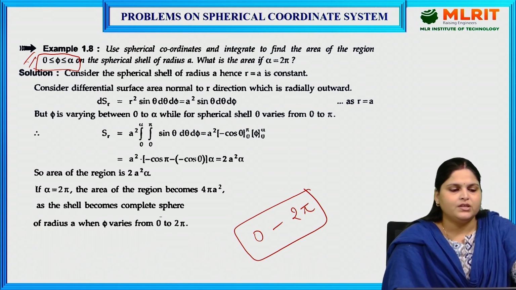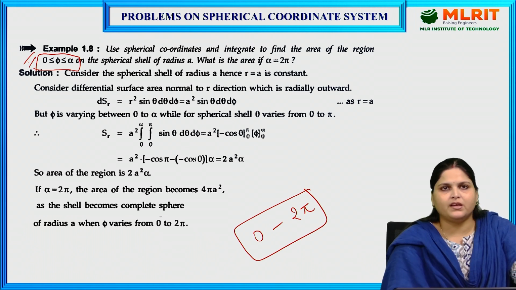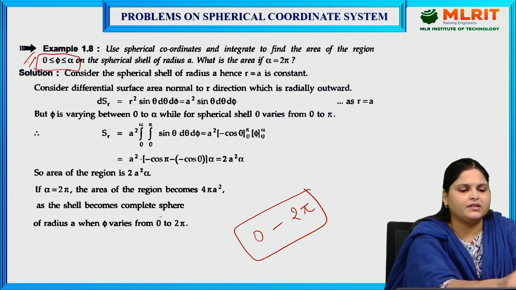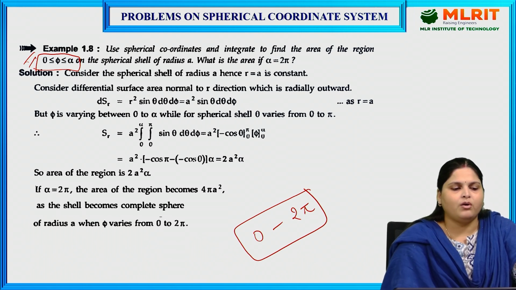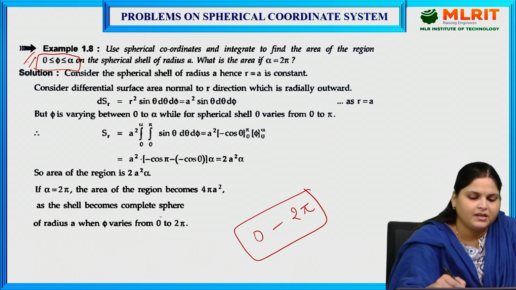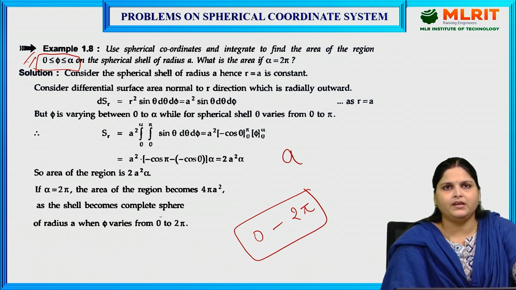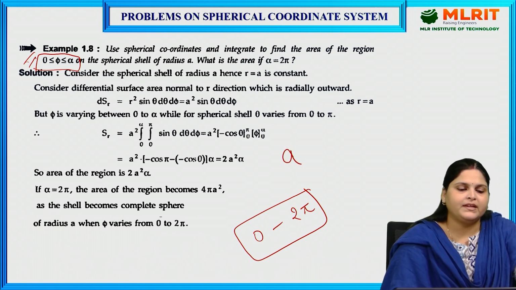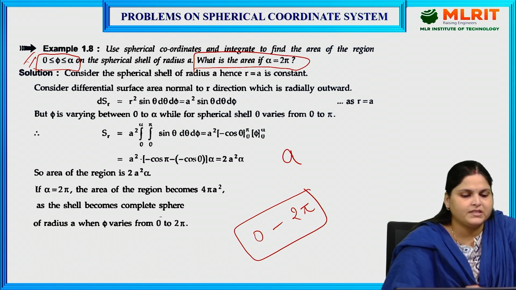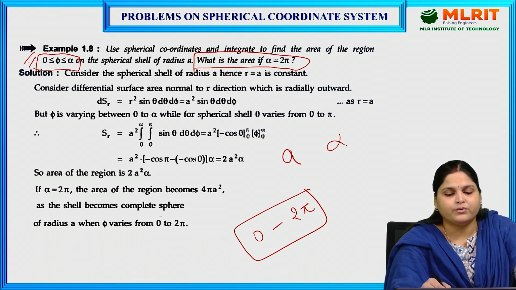So we need to use this spherical coordinate system, and we need to integrate to find the area of this region on a spherical shell of radius a. Now here the radius is not given as r, it is given as a. Also we need to find out the area of this sphere when alpha is equal to 2 pi.